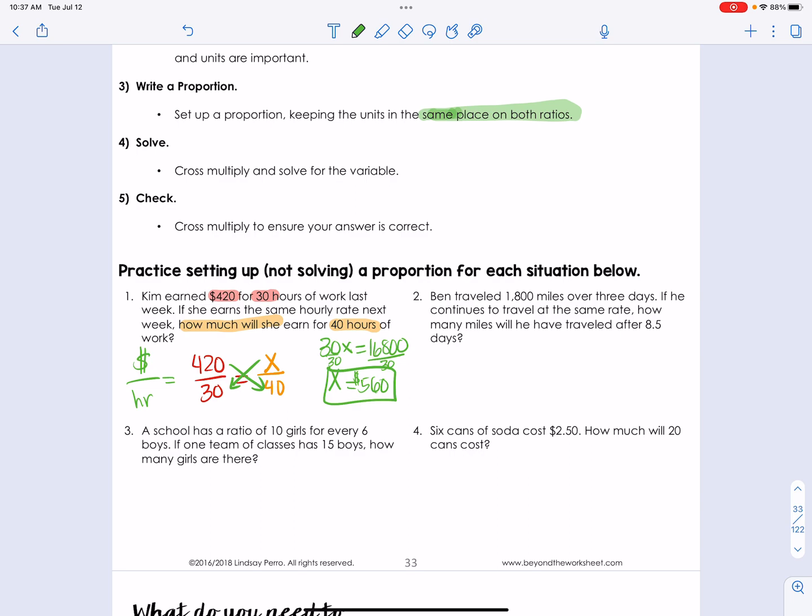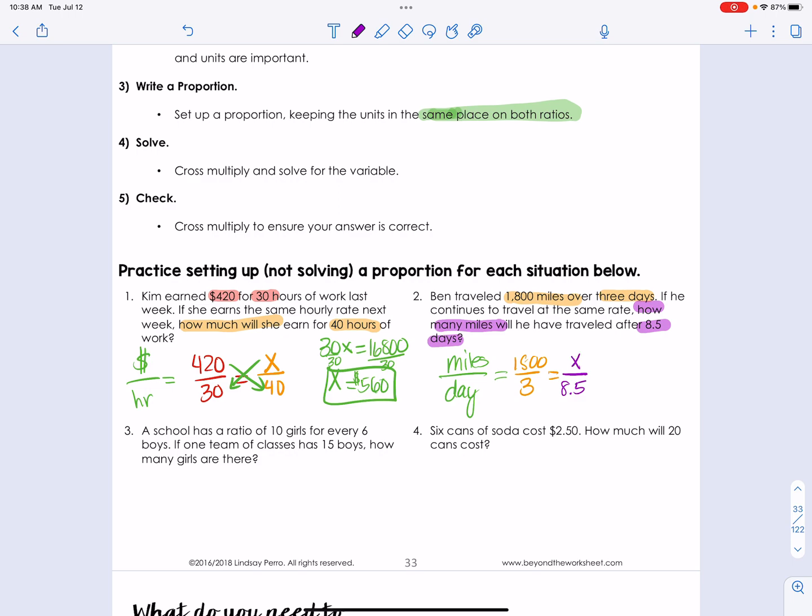So Ben traveled 1,800 miles over 3 days. If he continues to travel at this same rate, how many miles will he travel in 8.5 days? So I'm looking for miles. So I'm going to go miles per day. And if I look at the orange, I know that's 1,800 miles in 3 days. On the purple, I know 8.5 days, so that goes on the bottom.